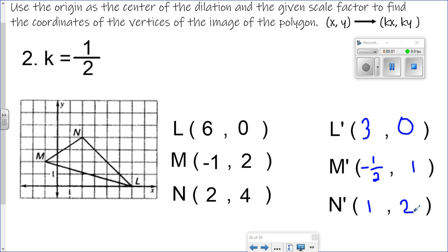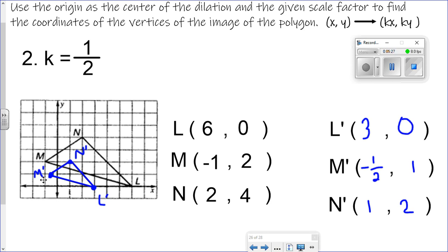So now we have the coordinates of our image, and now let's take a second and plot our points. So now we've plotted our points for M prime, N prime, and L prime. Yes, M prime is at negative 1/2, and that's okay. You just go halfway in between and up 1.